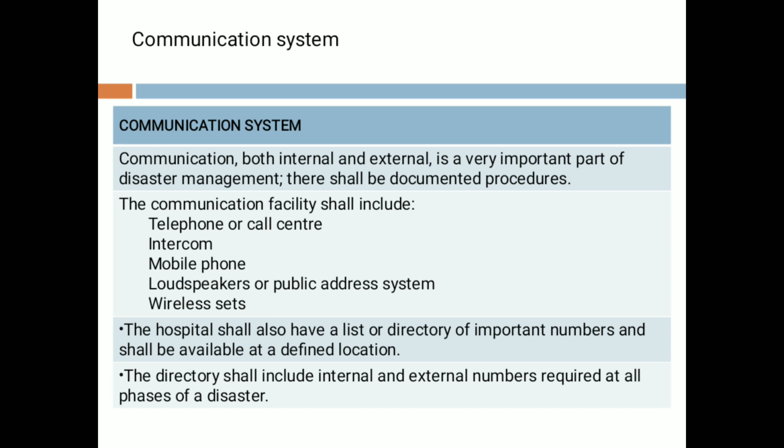The hospital shall also have a list or directory of important numbers and shall be available at defined locations. The directory shall include internal and external numbers required at all phases of a disaster.